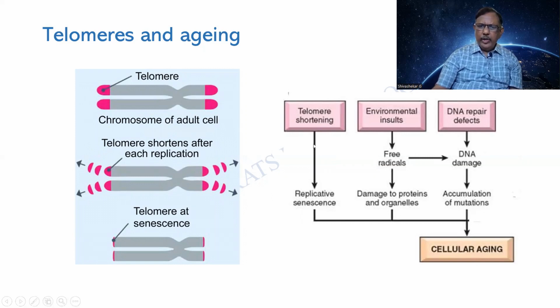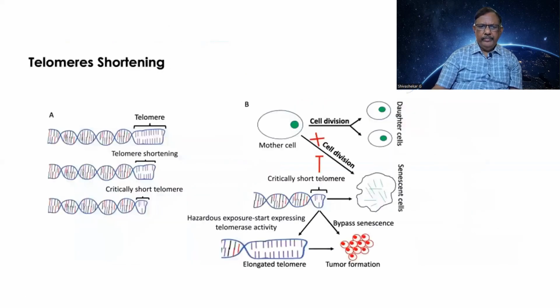There is a telomere shortening, as a result of which there can be replicative senescence, environmental insults, and defects in DNA repair, all of which can lead to cellular aging. So this is important. Telomeres, you people shall and will mention.